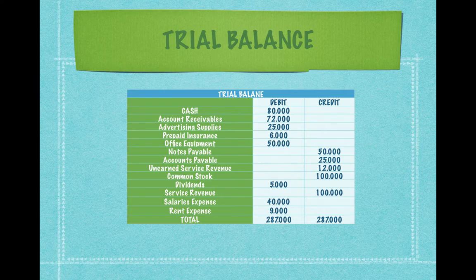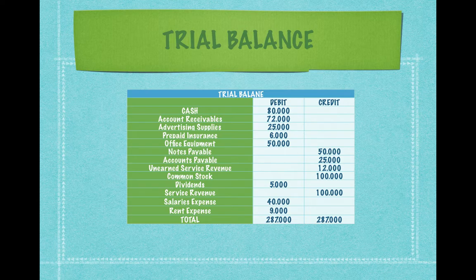The third one, posts a journal entry twice. The fourth one, uses incorrect accounts in journalizing or posting. The fifth one, makes offsetting errors in recording the amount of a transaction.